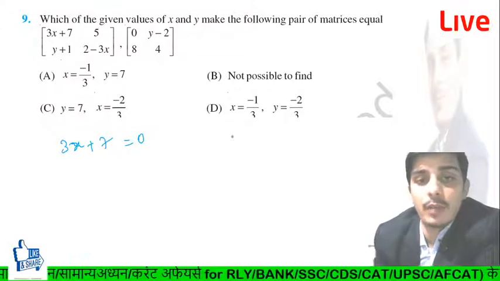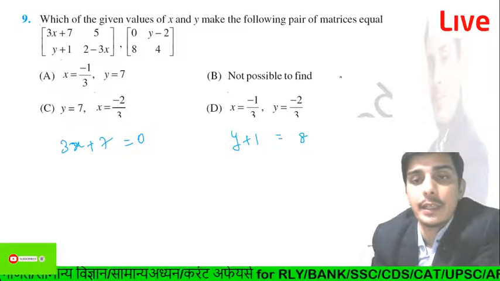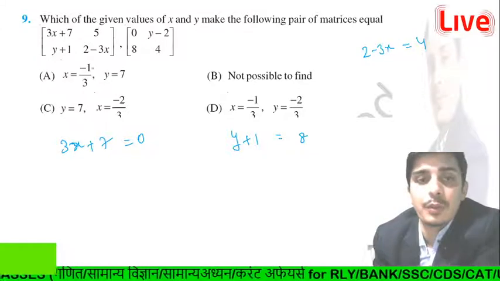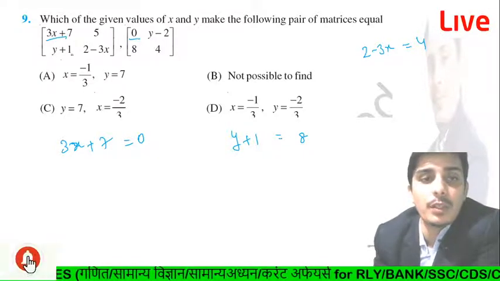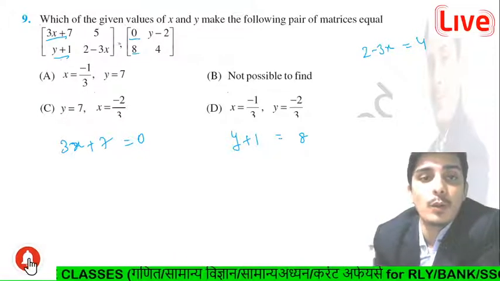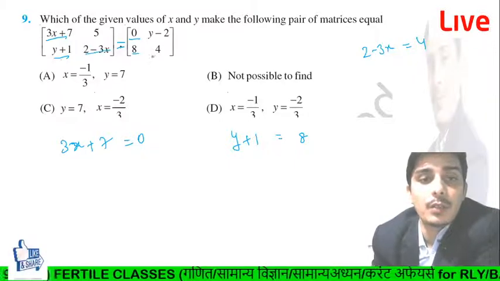Second, we can write here y plus 1 equal to 8, and third we can write here 2 minus 3x is equal to 4, right, because this term is equal to this term, this term is equal to this term, both are equal, okay, and this term is equal to this term.